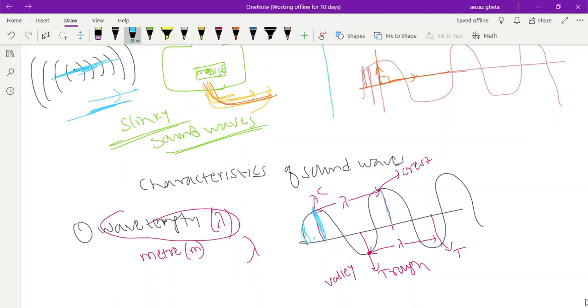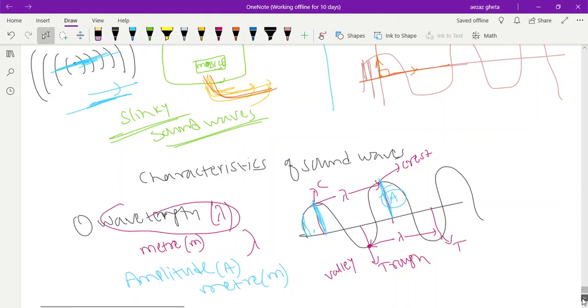This maximum displacement of a vibrating particle from its rest position is called amplitude, the height of a wave. The amplitude unit is meter only.